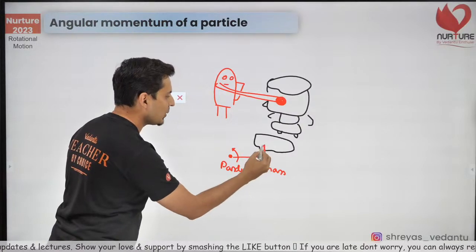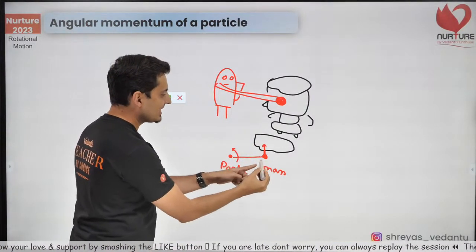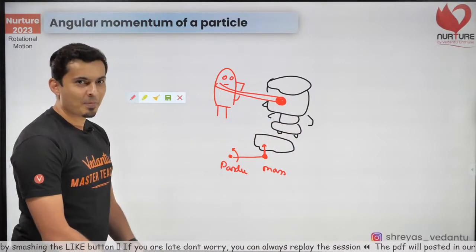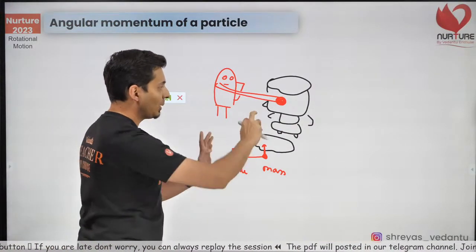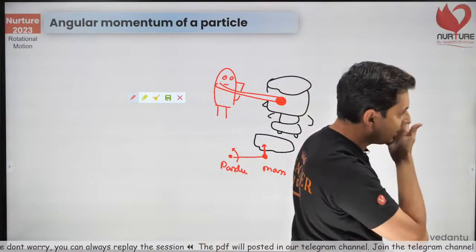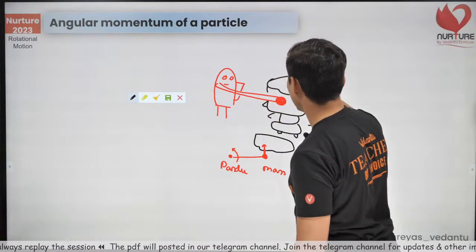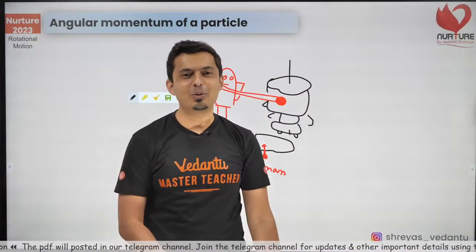If this mass hits him exactly like this, then this body will start rotating, isn't it? If that guy is standing over here, imagine he gets hit like this, he will start rotating, assuming that he can spin about his axis. Just visualize that. So there is some kind of angular momentum involved over here.